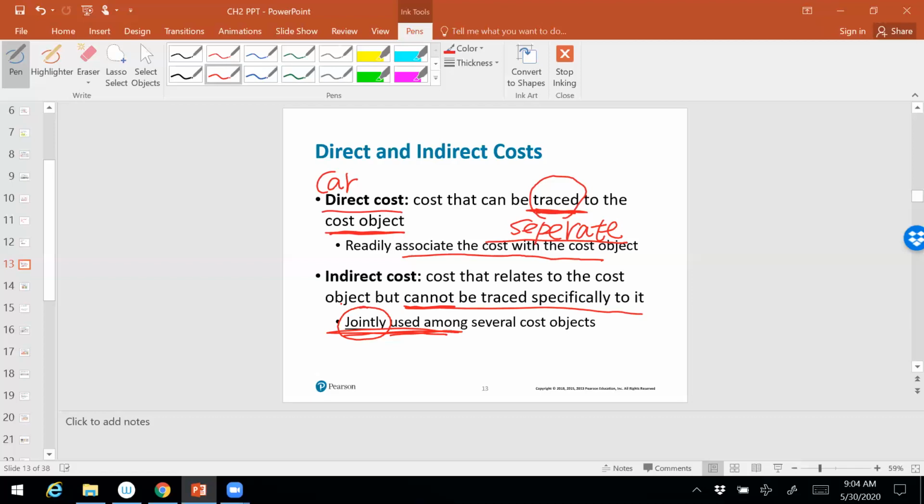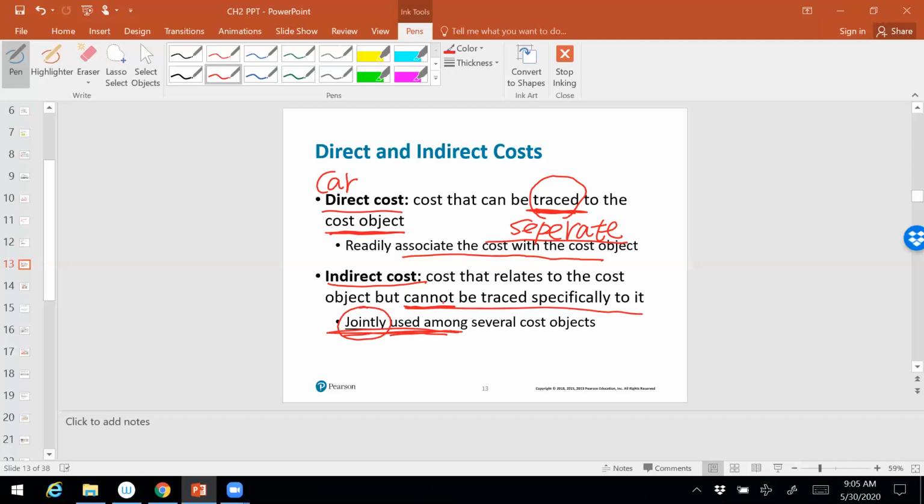You can separate, if you trace my working schedule, you can know, hey, at 9:04, I cleaned this car. 9:05, I cleaned the other car. 9:06, I cleaned that next car. You can do that, but it's not that easy. It's not efficient to trace it directly to the cost object. So we put this cost as indirect cost. You cannot easily separate this cost to this cost object from the other cost object.